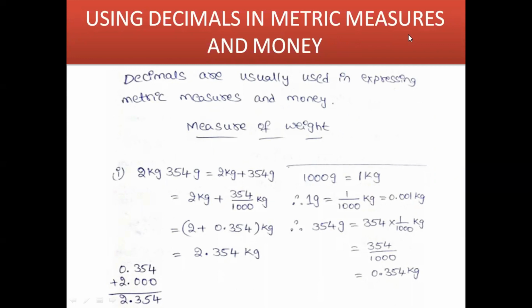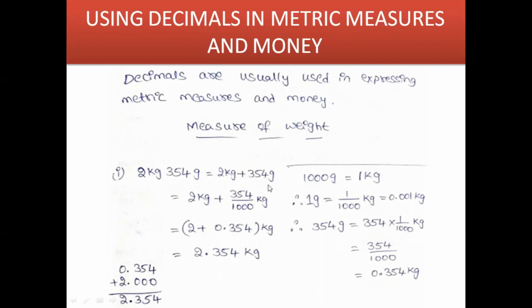Using decimals in metric measures and money. Decimals are usually used in expressing metric measures and money. Measures of weight. For example, see 2 kg 354 grams equal to 2 kg plus 354 grams.